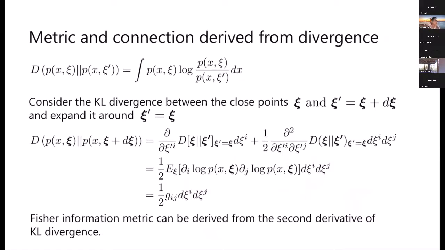Consider the KL divergence between two close points xi and xi prime, and we can expand it around xi prime equal to xi. By the usual Taylor expansion, the first term disappears and only the second term remains. And this second term turns out to be the Fisher information matrix. So the Fisher information metric can be derived from the second derivative of the KL divergence.